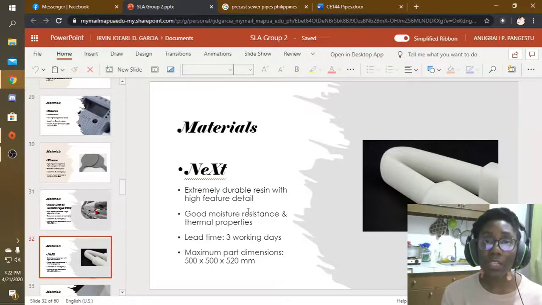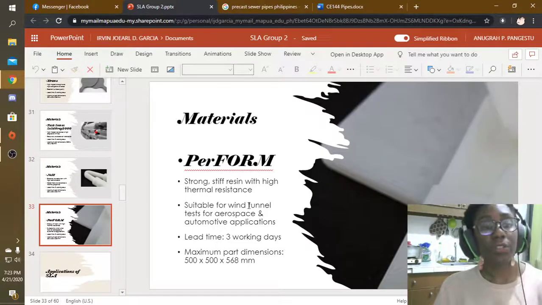It comes out really clean, neat, and probably almost the exact same dimension and size as you had inputted in the computer. It is also very high resistance to moisture and thermal stress. Yes, so that means it doesn't really change due to temperature change or anything.